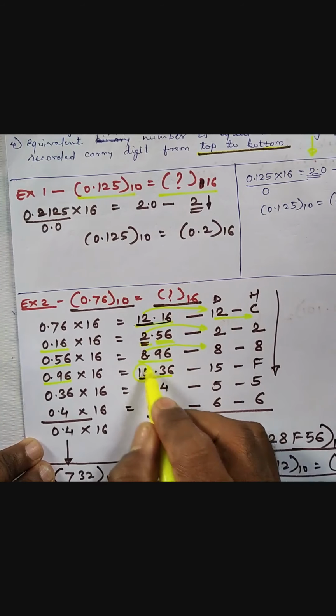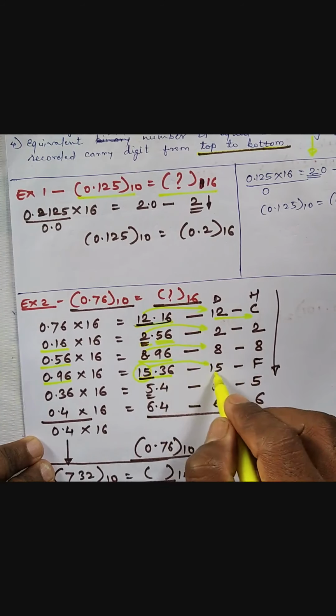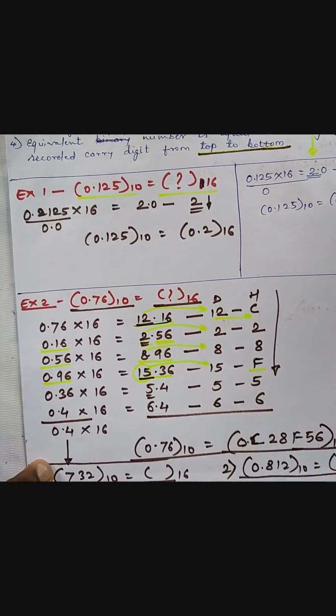Now 15 in decimal corresponds to F in hexadecimal.